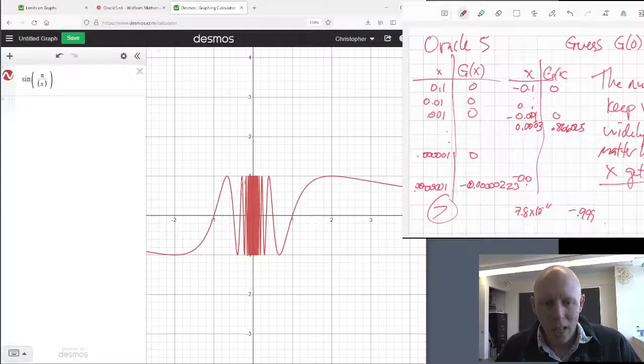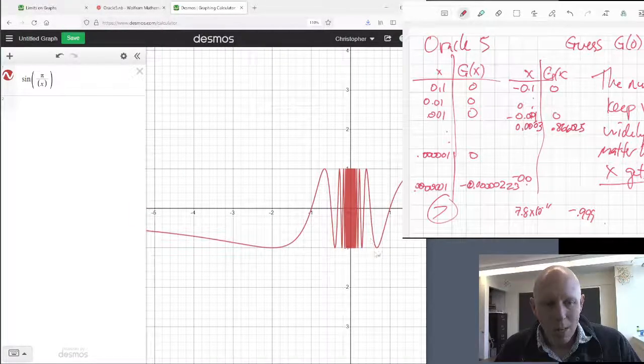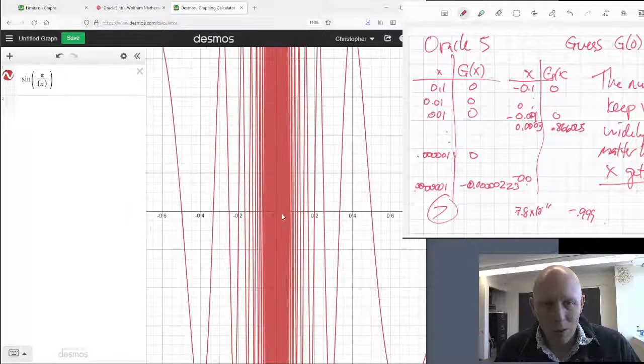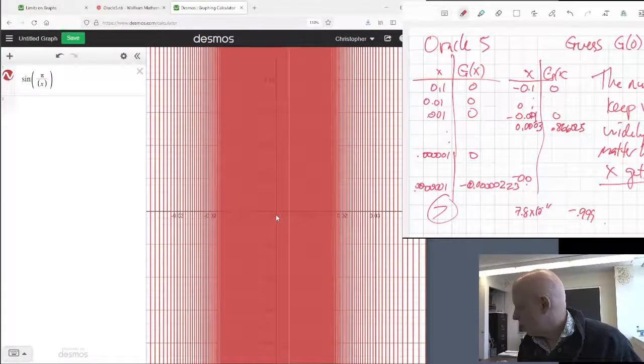This function is going up and down, so away from 0, it just behaves kind of nicely. But as you get closer and closer to 0, this function goes up and down infinitely many times.